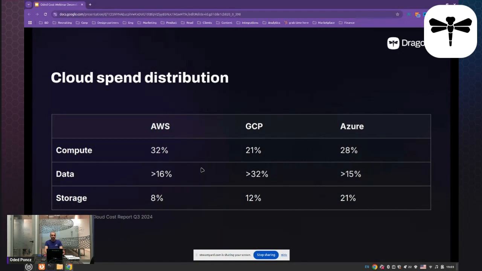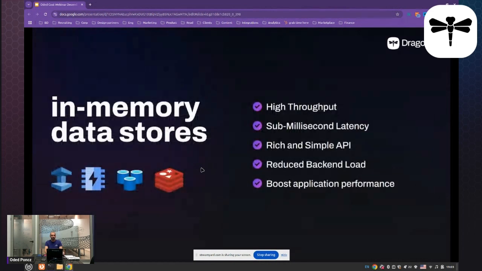So today we will focus on how you can reduce your spend on real-time data. And when I say real-time data, I mean your high throughput, low latency data. Since 2009, this means Redis.